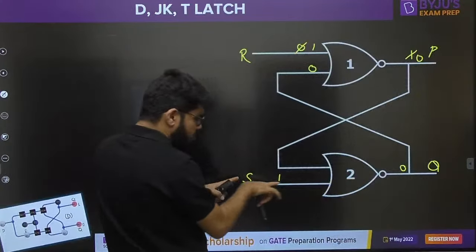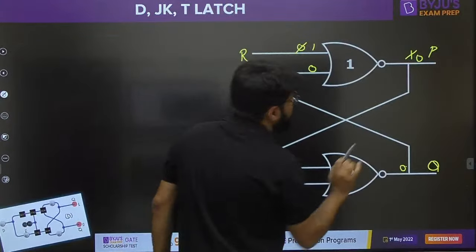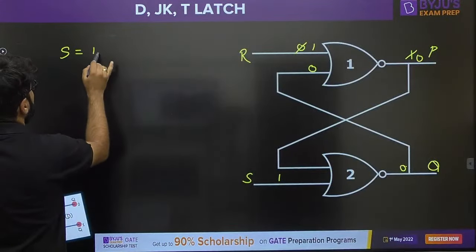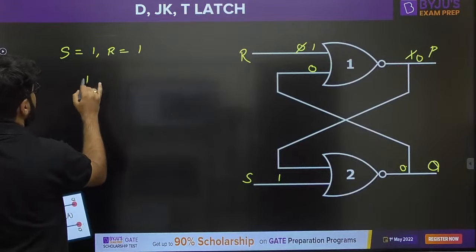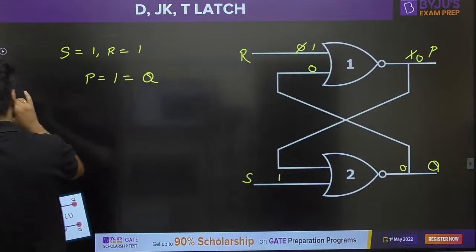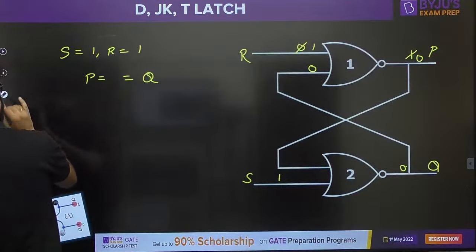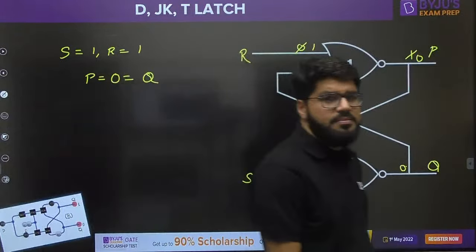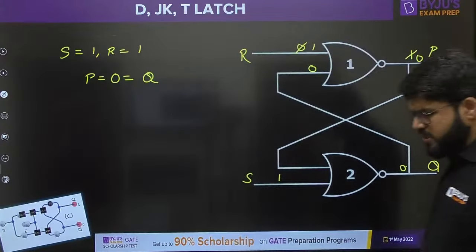Look at NOR gate number 2: any input high, the output becomes 0. So whenever S is equal to 1 and R equal to 1, P becomes 0, and at the same time Q also becomes 0. P and Q are both 0.